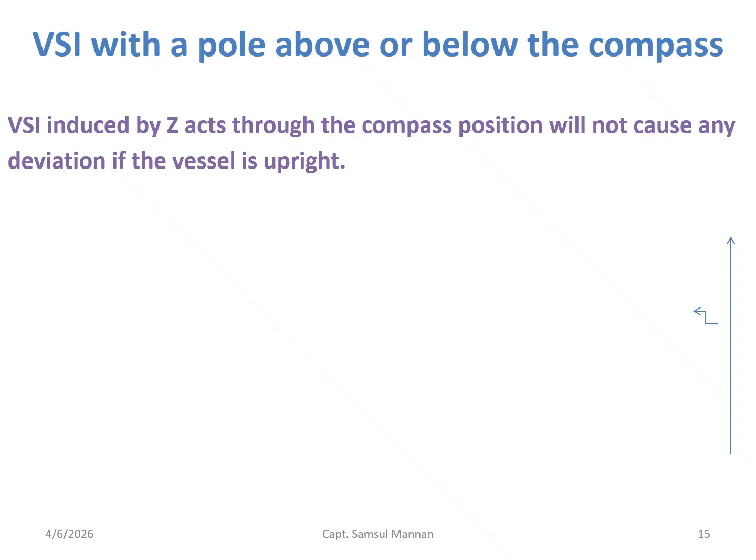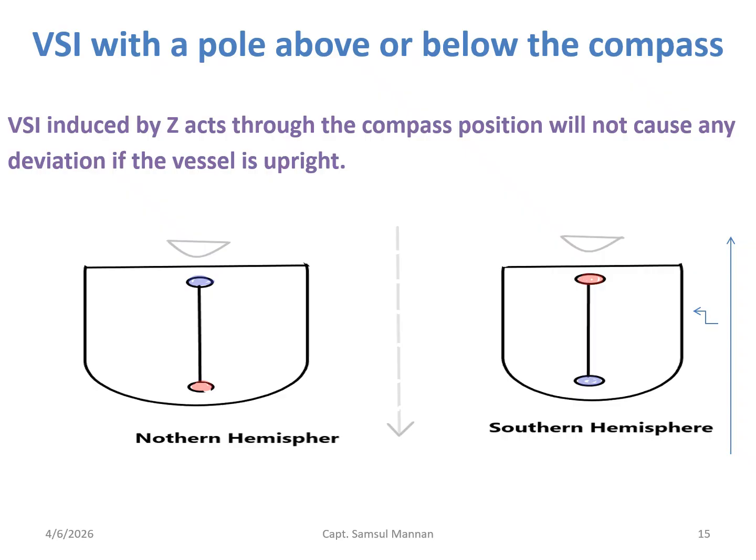So for our normal day-to-day condition, this type of VSI will not have any impact, and that's why we will not have any kind of graph for this VSI, right?